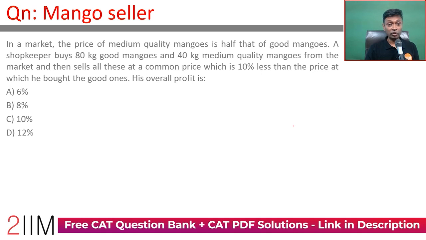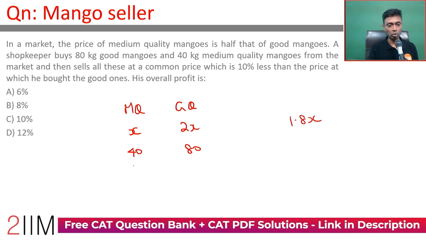In a market, the price of medium quality mangoes is half that of good mangoes. Medium quality and good quality: x, 2x. A shopkeeper buys 80 kilograms of good quality and 40 of medium quality mangoes, and then sells all these at a common price, which is 10% less than the price at which he bought the good ones. So good ones are 2x, 10% less than that is 1.8x.